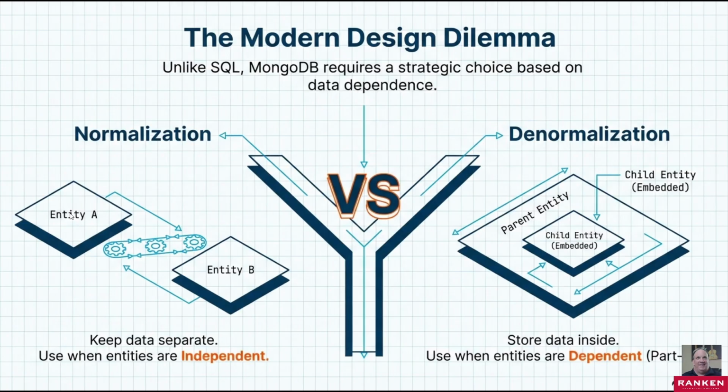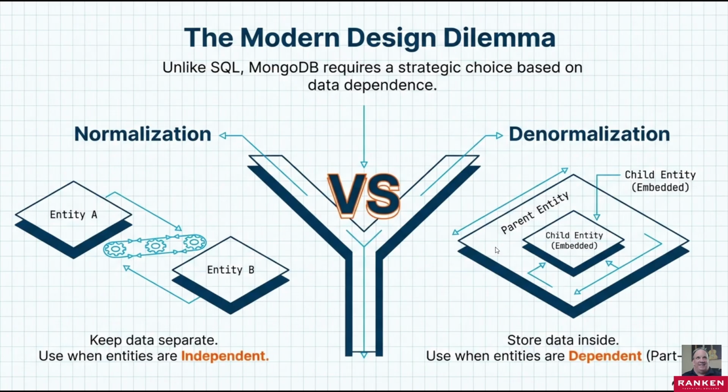Basically, you have an entity A and an entity B. You keep data separate when entities are independent of each other. For example, a user can survive independently of a bug, so it makes sense for them to be separate entities. They're not reliant on each other.